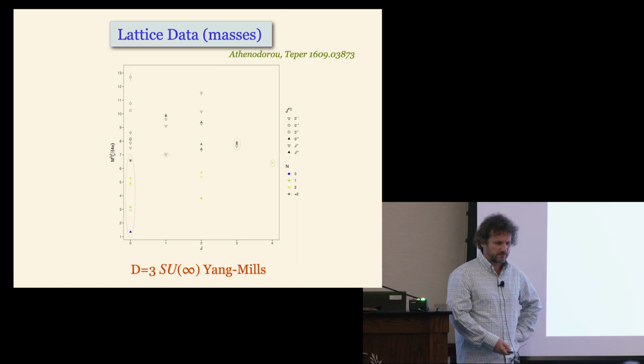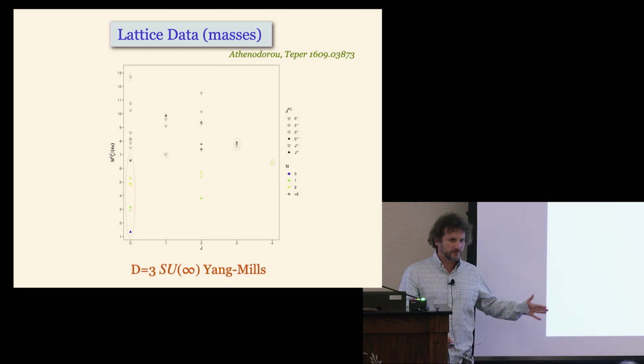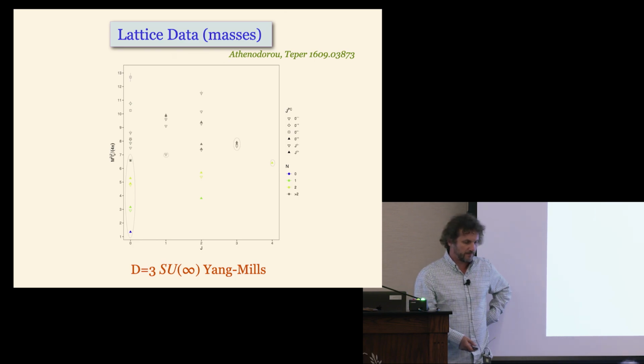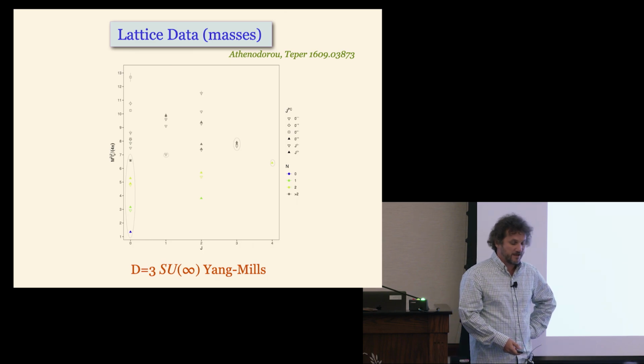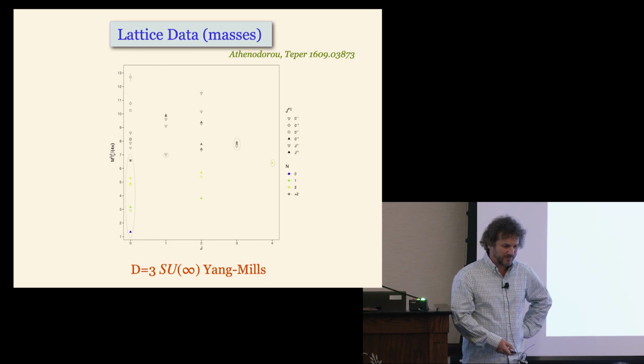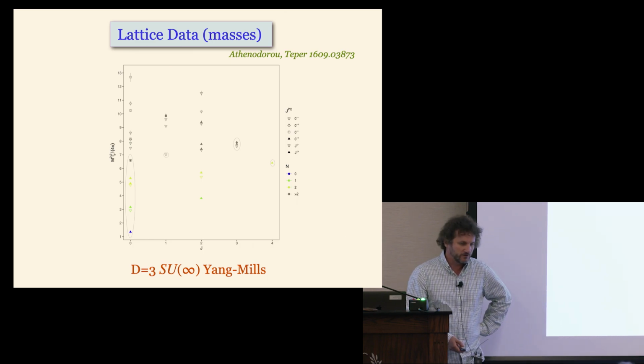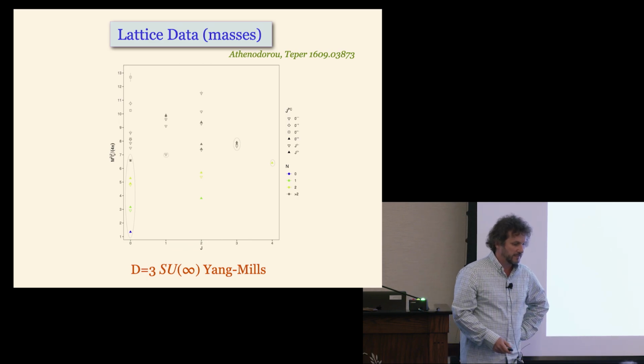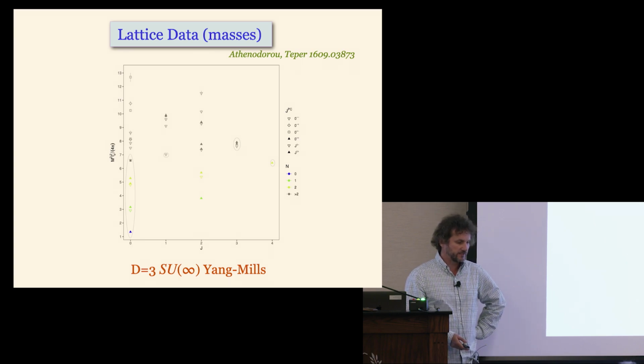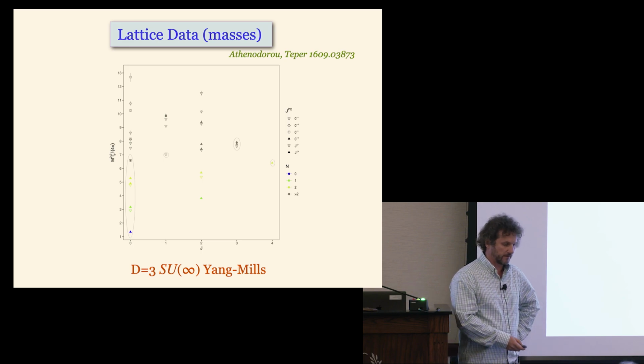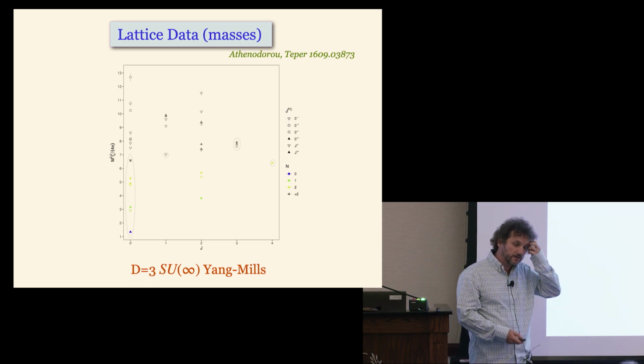In practice, I think the measurements were done up to SU(16) and extrapolated to N_c equal to infinity. But in reality, the difference between N_c equals 3 and N_c equals 16 for most of the states is at the level of 10% at most. So this restriction to large N_c, at least for the purpose of this talk, doesn't seem to be that significant.